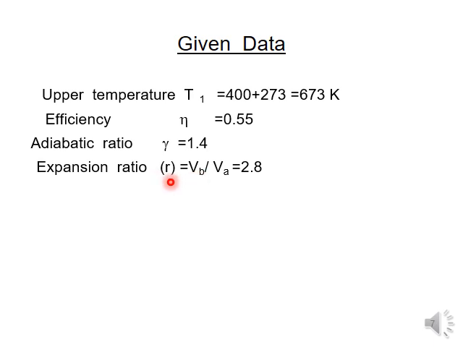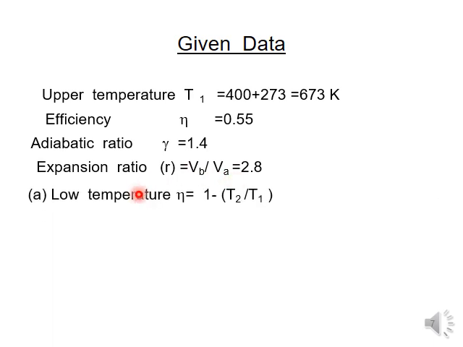So expansion ratio R is equal to V2 by V1. If you take A, B, C, D, I am taking the PV cycle as A to B, B to C, C to D, D to A. That's why I am taking the expansion ratio R is equal to VB by VA, that is 2.8.